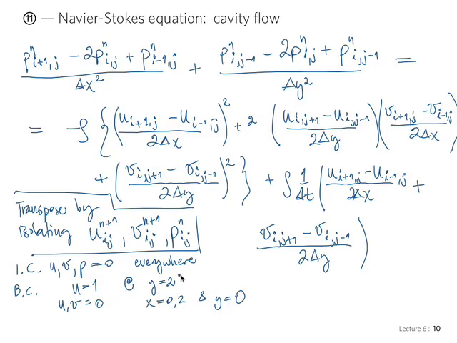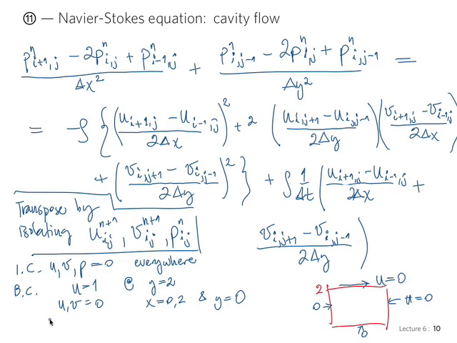So that's basically y equals 2, this is going to be a box, right? And y equals 2 is this line. So in this line we have u equal to 1, and we have u equals 0 everywhere else, and v equals 0. Basically a no-slip boundary condition everywhere. This is supposed to be cavity flow, so you have no-slip boundary conditions everywhere except here.